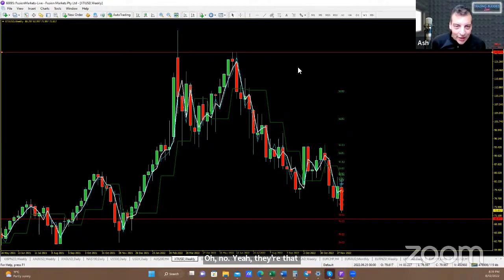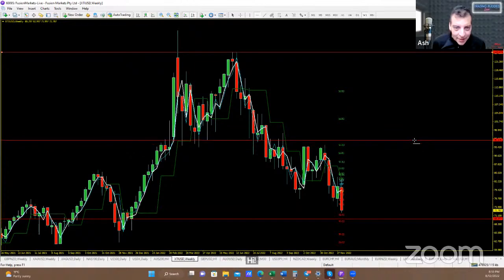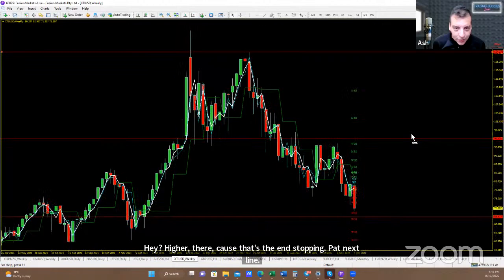Now put a horizontal line at the lows of the move of the M topping pattern. Just a bit higher. Yeah, a bit higher there, because that's the M topping pattern neckline. Yep. Okay. A little bit higher actually. If you go to the closing retest it, the closing numbers.